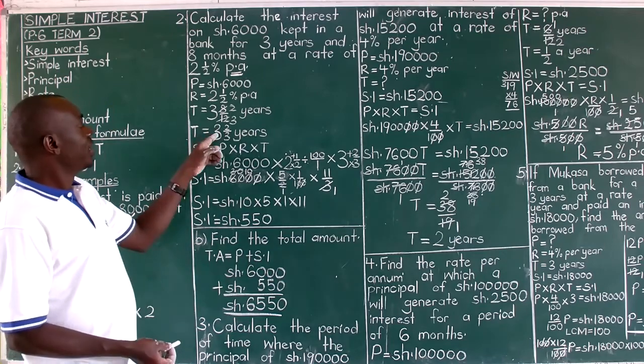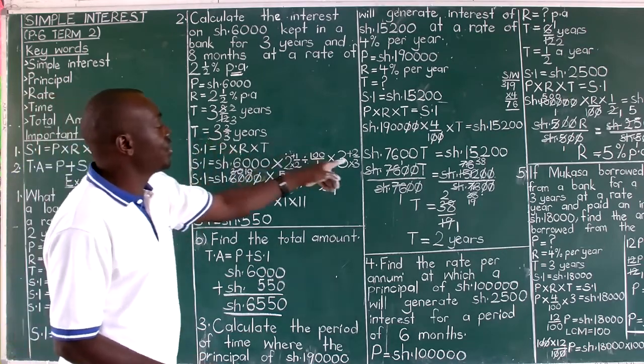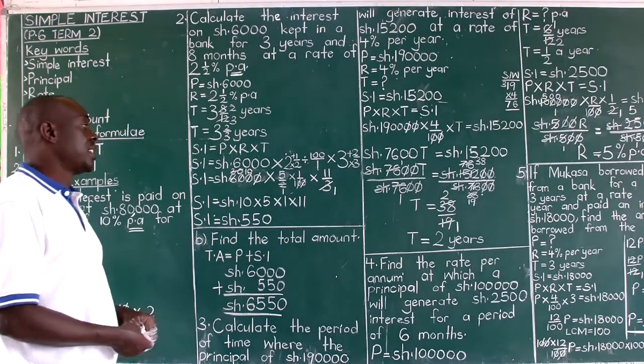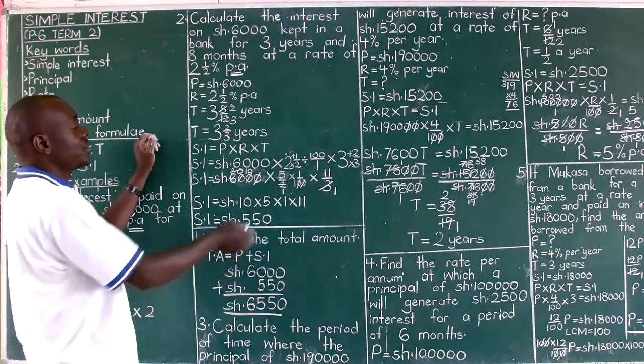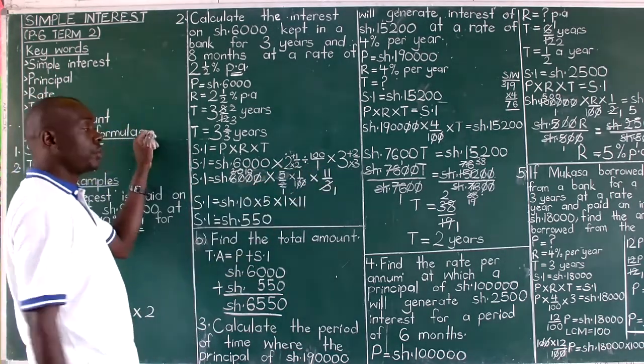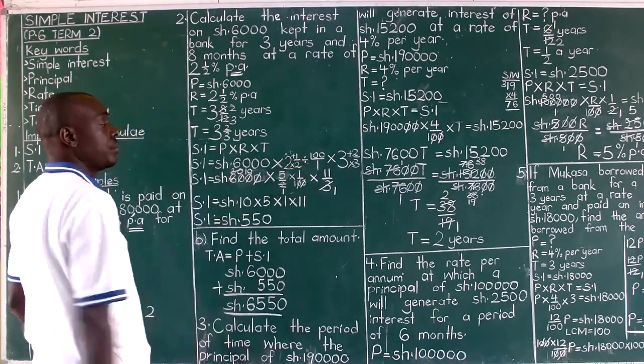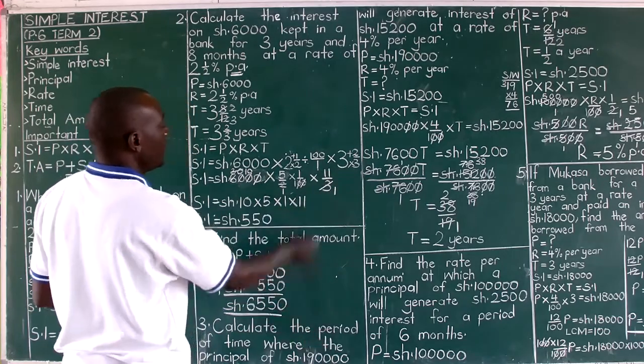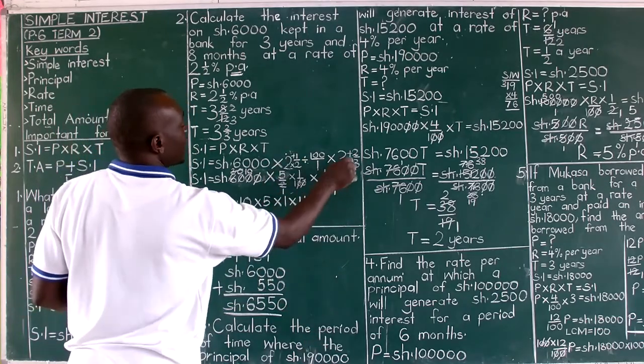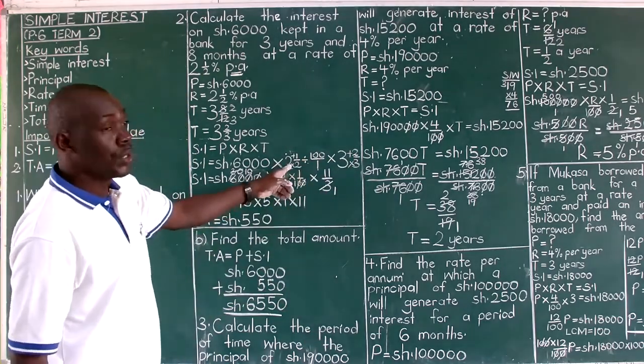Then times the years, which is 3 and 2/3 years. Now we are going to convert this mixed fraction to improper form by saying denominator times the whole number plus numerator, out of denominator. Put a times and a plus. 2 times 2 is 4.